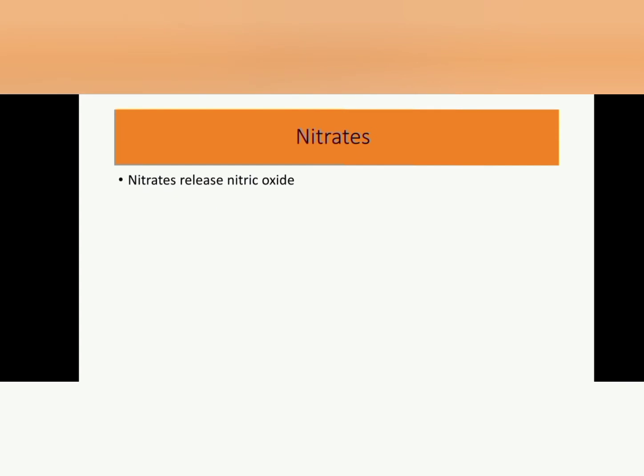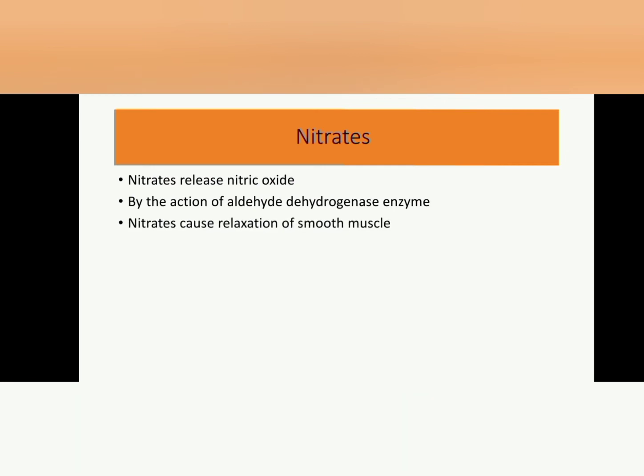Nitrates. Nitrates release nitric oxide. It releases nitric oxide, and nitric oxide is released by the action of the mitochondrial enzyme aldehyde dehydrogenase 2, and this nitric oxide causes the increase of the second messenger cGMP, cyclic guanosine monophosphate, and this causes relaxation of smooth muscle.